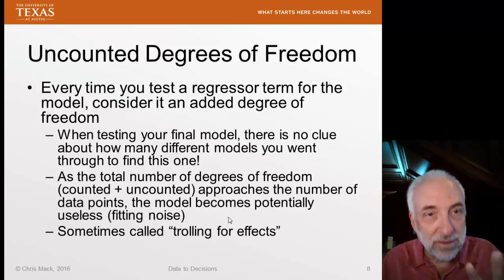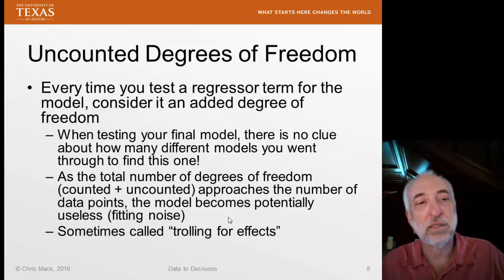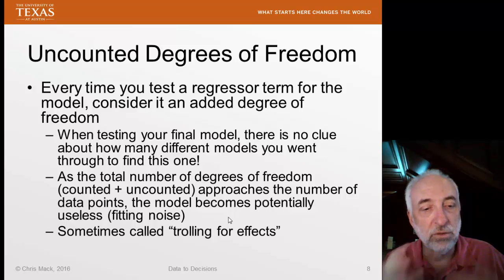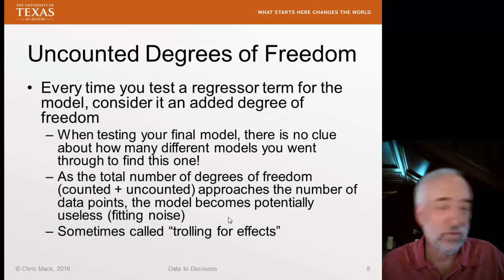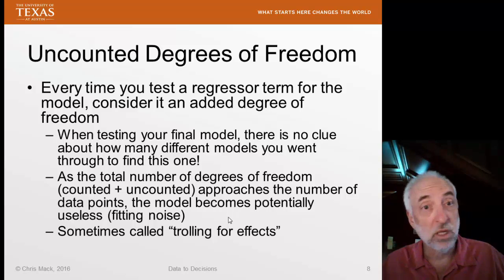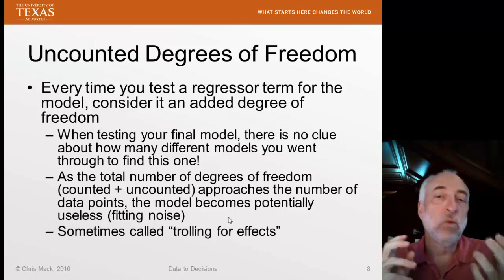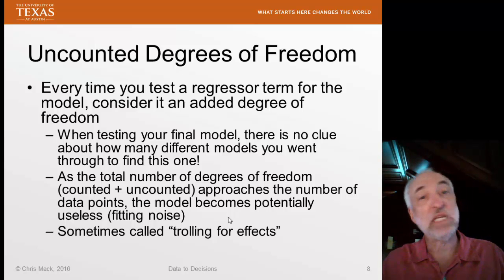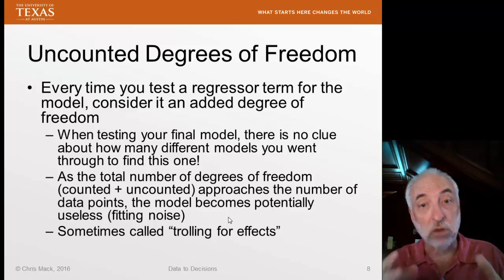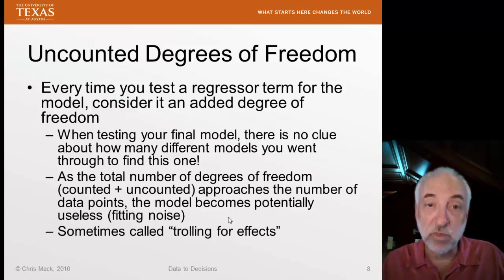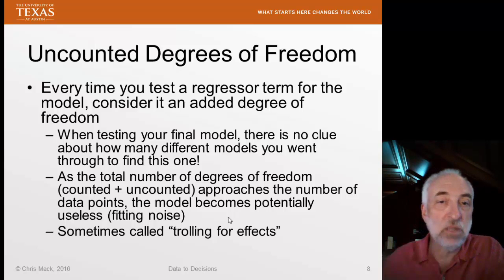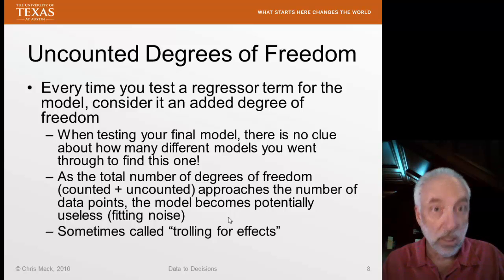One last topic on model building through these full searches or forward stepwise, backward stepwise regression techniques is that we are testing a lot of regressor terms, not all of which we keep. We know that the number of degrees of freedom in our final model is going to be n minus p, the number of data points minus the number of parameters in the model.